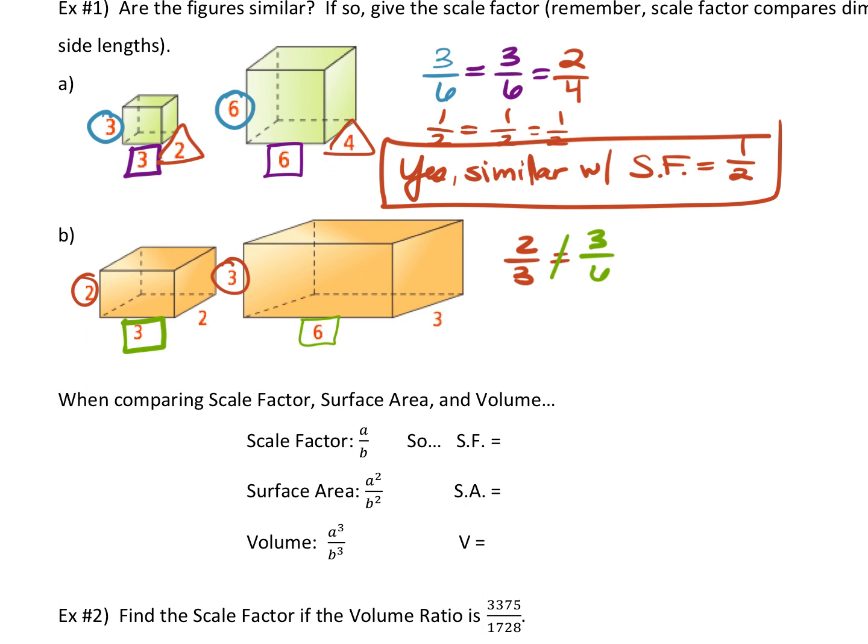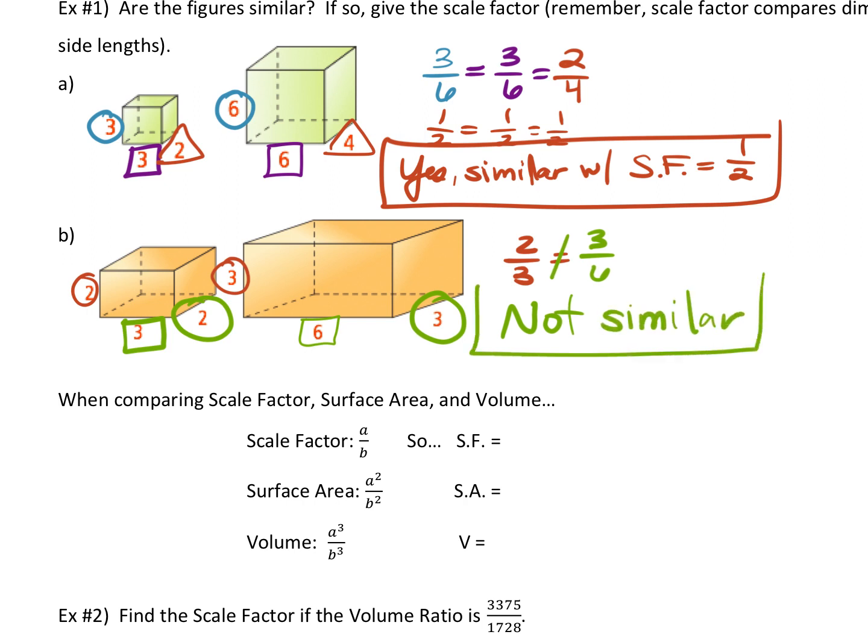Because they are not equal. 2 to 3 and 1 to 2 are not the same ratio. So as soon as you prove that the ratios are different, you don't have to go any further. You could, right? You could say 2 to 3 also, but you really don't have to. As soon as they're not similar, they will just not be similar. There's no way to make them similar if something about them is not proportional. Okay?